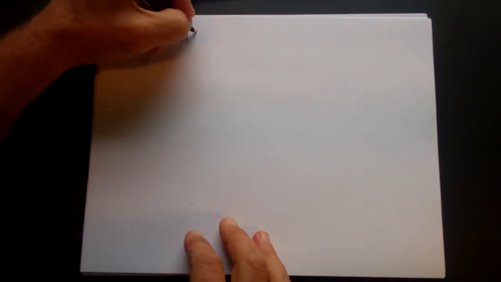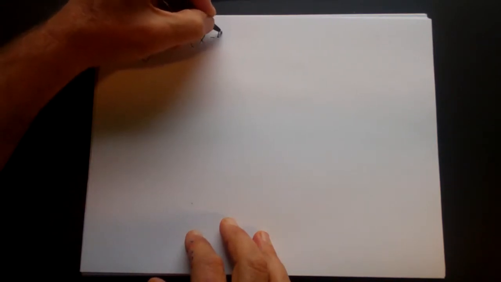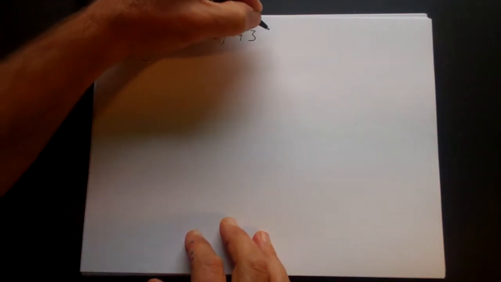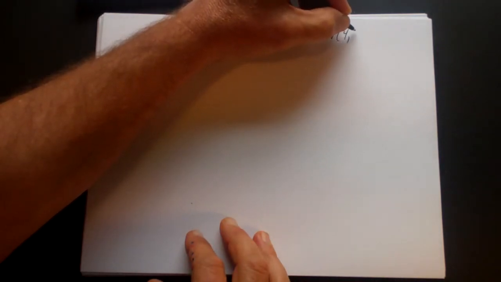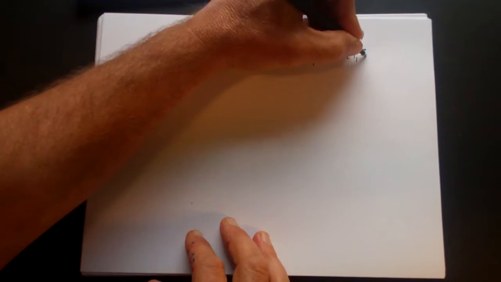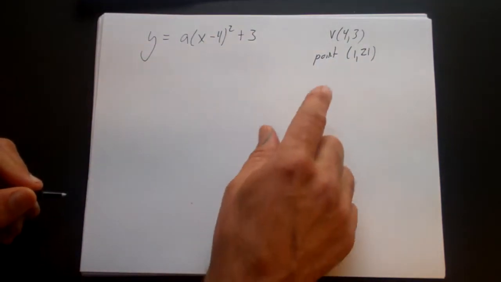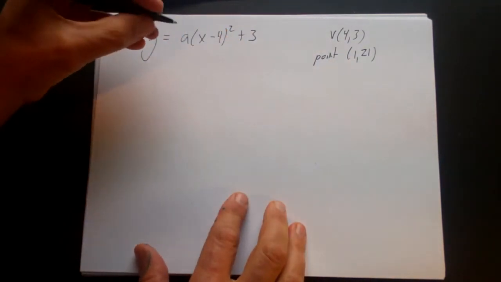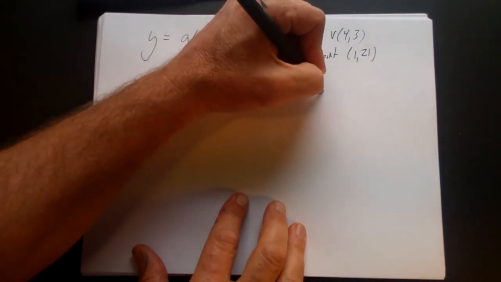So we have y is equal to a(x minus 4) squared plus 3. We know the vertex is (4, 3). We also know another point is (1, 21). So what we're going to do is plug in (1, 21) temporarily. So here's the key.